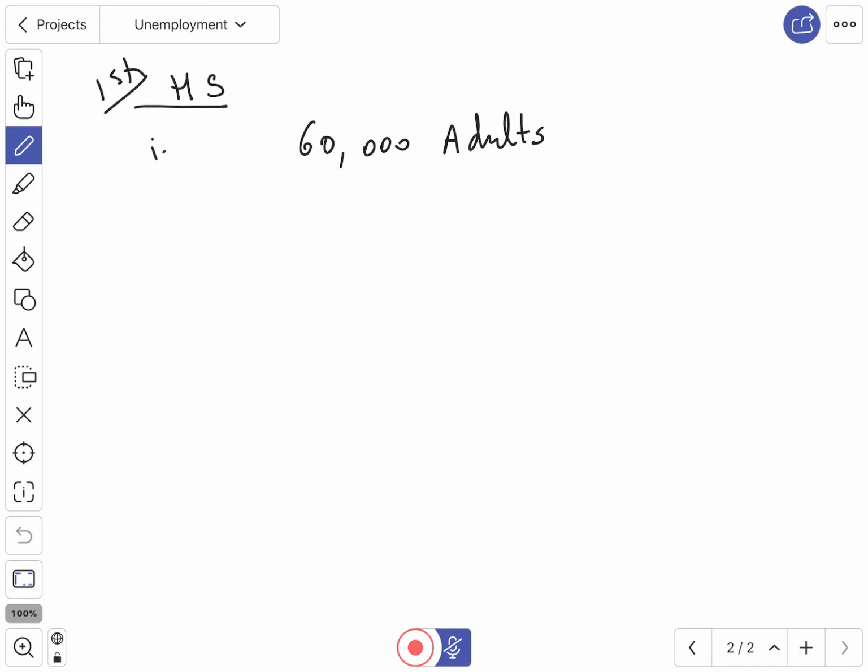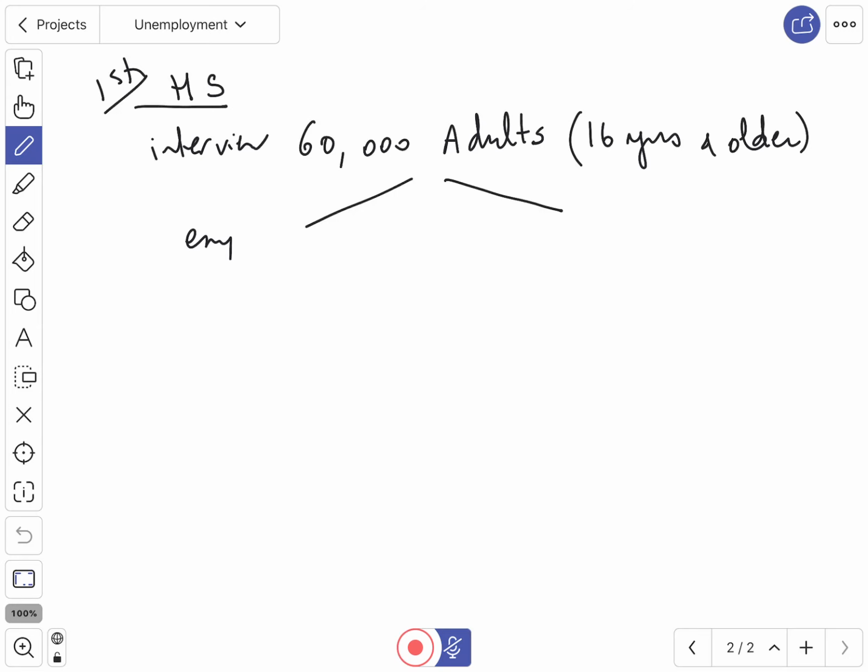They do an interview for those people, and those people are 16 years and older. And what they do is they divide them into two groups, right? Whether employed or unemployed. Okay, and there is a specific definition of being employed and a specific definition of being unemployed.